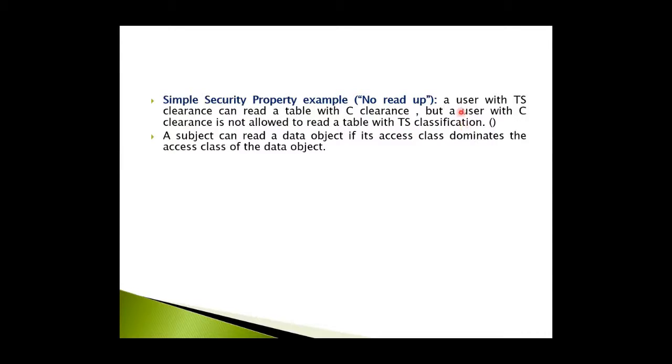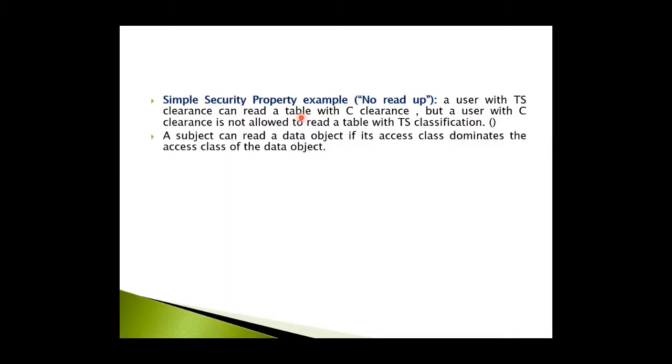Very simple to understand. If a user has top secret as the security level or clearance, then that user can read an object or a table having a clearance or security level which is lower, as far as the priority or relationship which we have seen some time ago is concerned.